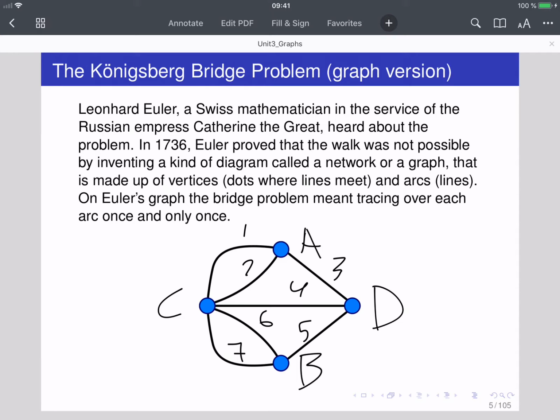Okay, and we will give the solution in a future lecture. But so far what we are interested in is the idea of abstracting from the problem these elements, these dots, these circles that we have here, and their connections. That's what we are going to study in the theory of graphs.